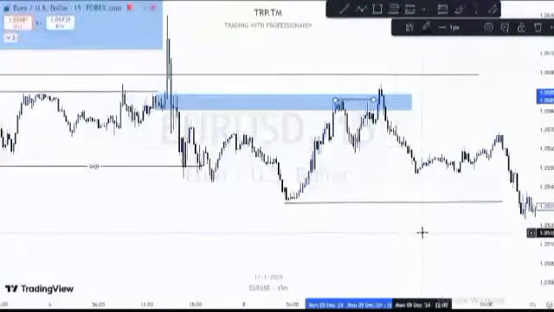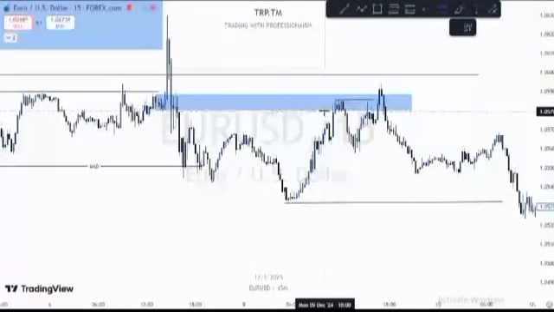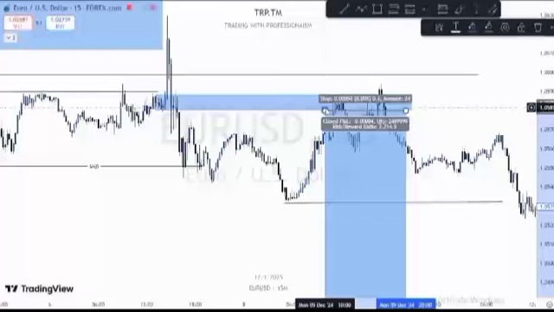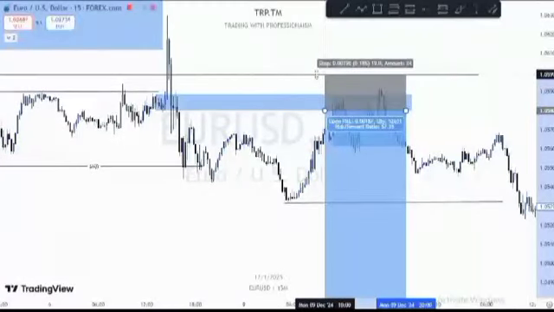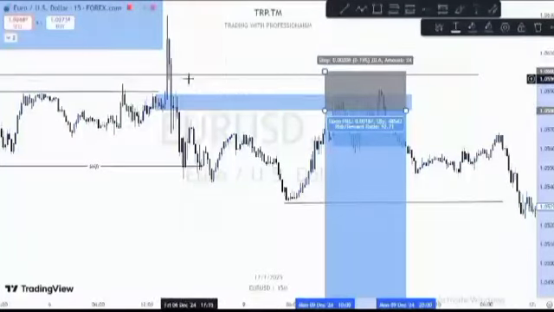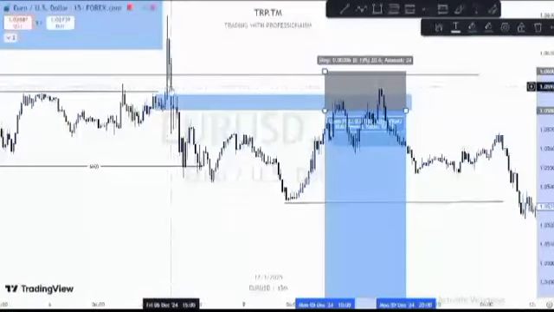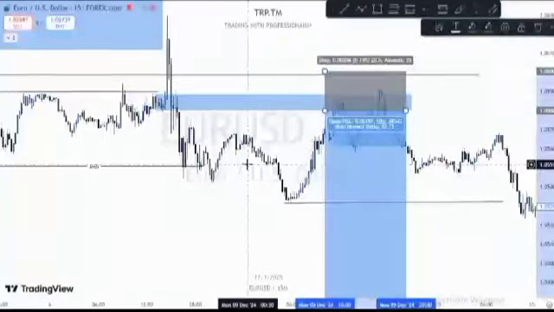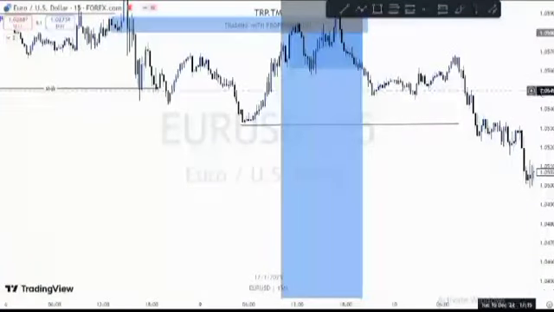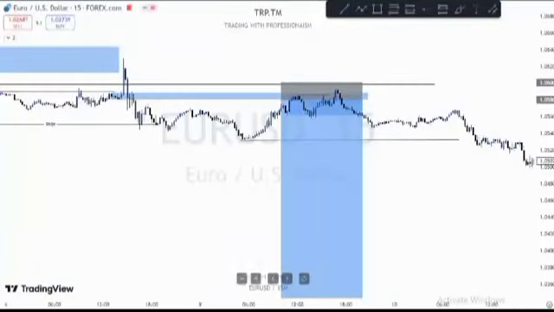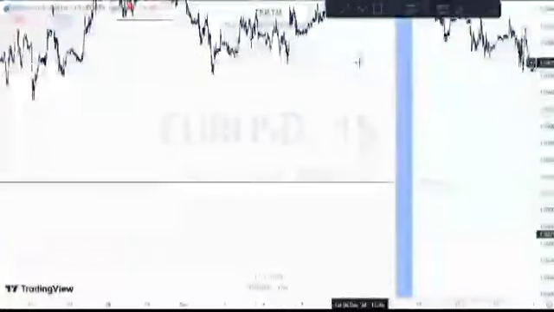And it sells. So you sell from here. For me, my first sell will be from here. Stop loss above the fair value gap, on top of any fair value gap you're seeing here. Your stop loss should be above it. Then my targets are where that liquidity is.